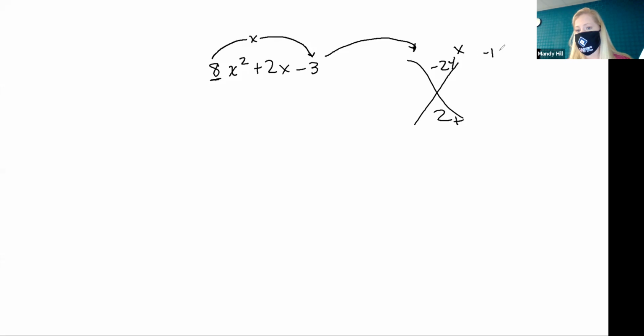We could do negative 1 times 24, 1 times negative 24, 2 times negative 12, negative 2 times 12, 3 times negative 8, negative 3 times 8, 4 times negative 6. All of those multiply to be negative 24.